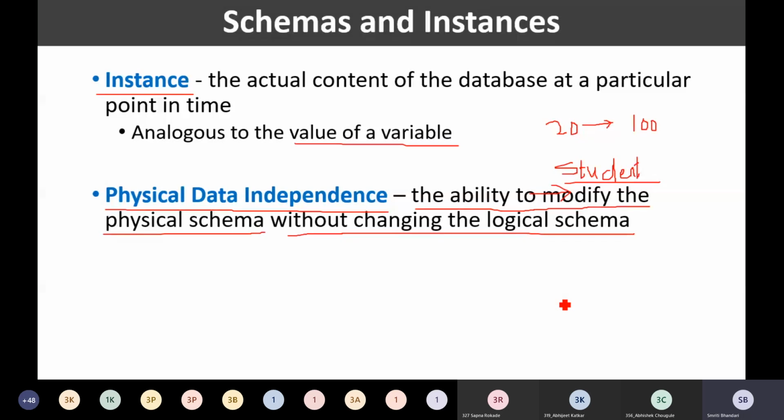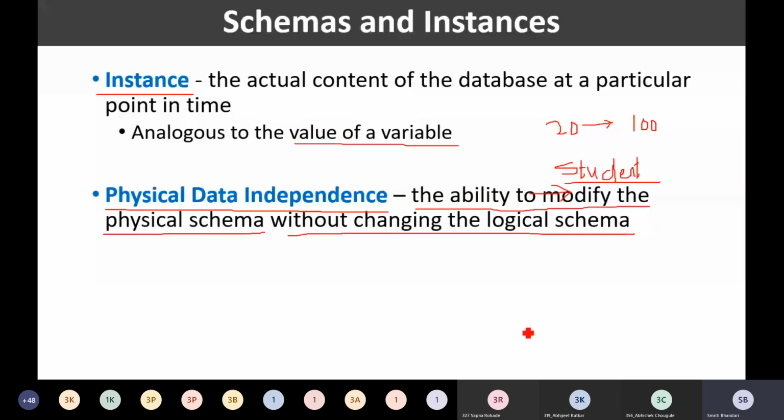If I notice that it is not possible to extract the data in an efficient way, then I can think of modifying how I have stored the data at the physical level, at the physical schema. Why am I modifying my physical schema? To improve the performance of the system.